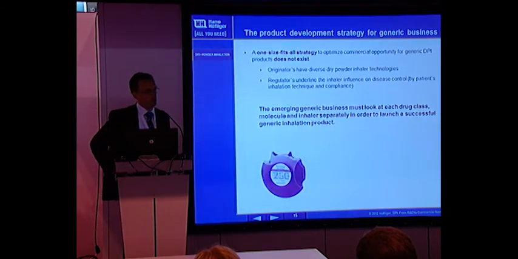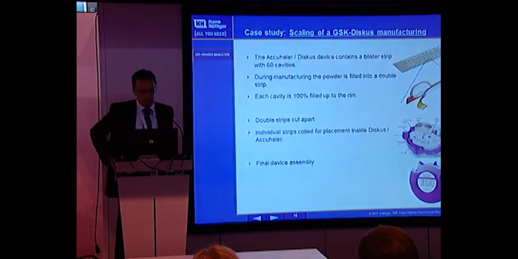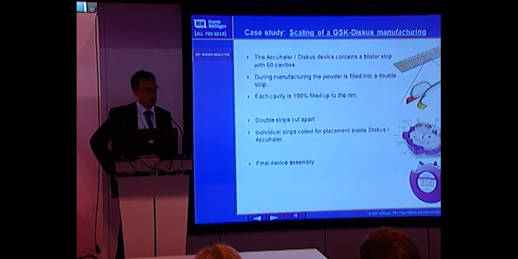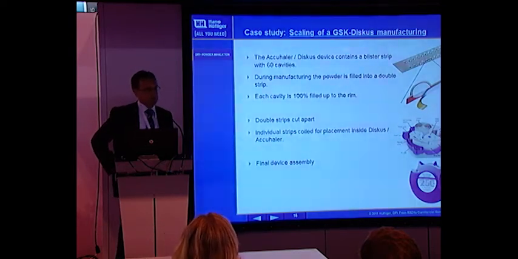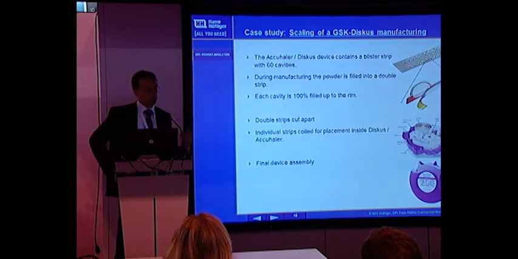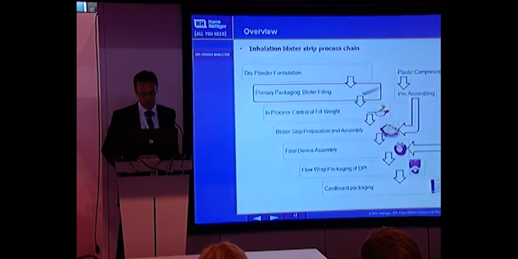And I would show you right now what is required if you go for a similar device. So if you take an inside look at the Accuhaler, then you see there's a blister strip inside. The blister strip is coiled. Every pocket is filled 100% up to the brim. And that's basically the device.